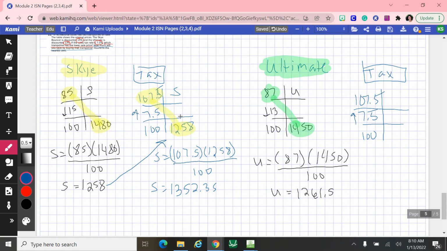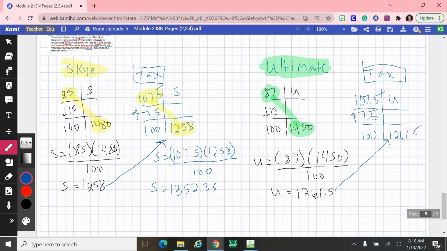And keeping with the pattern here, I'll go ahead and use U again. And this discounted amount becomes our original amount that we're adding tax to. If you look at a receipt where you're paying tax on something, it would be called the subtotal. So in order for us to find the total cost, we have to add the tax.